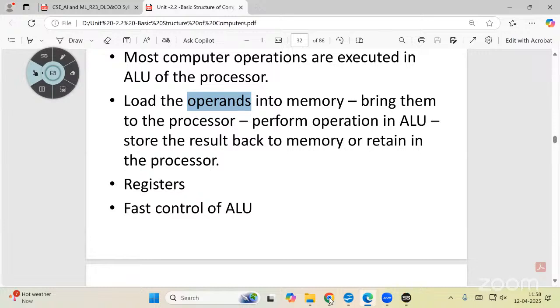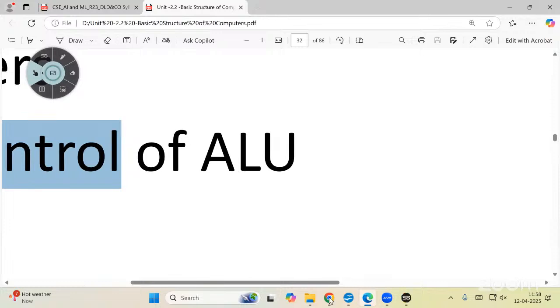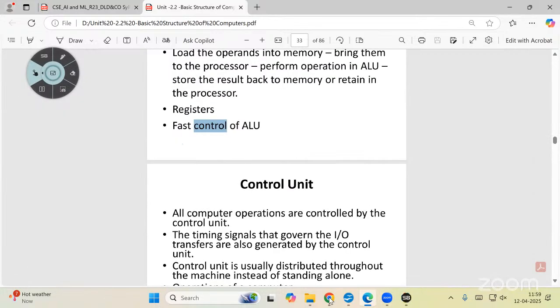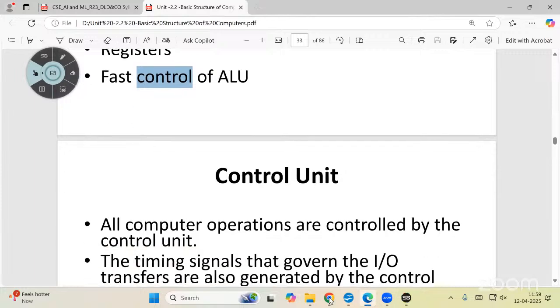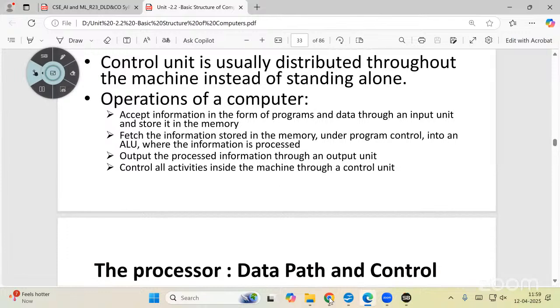So this all comes under ALU, and the control unit. This can be controlling the computer.